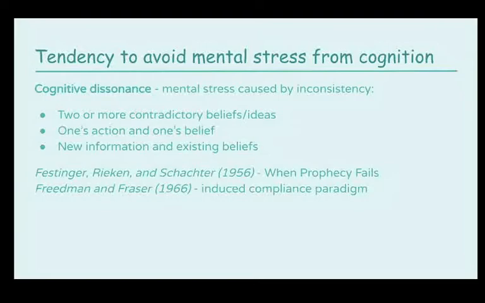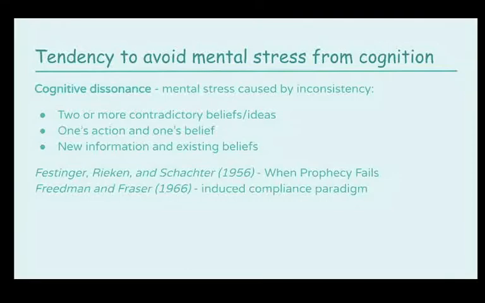So the last one would be the tendency to avoid mental stress from cognition. Cognitive dissonance is the mental stress caused by inconsistency. And when people experience cognitive dissonance, people tend to try to do things to prevent it.